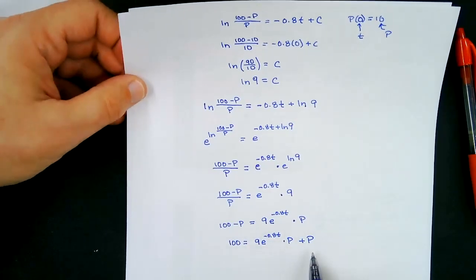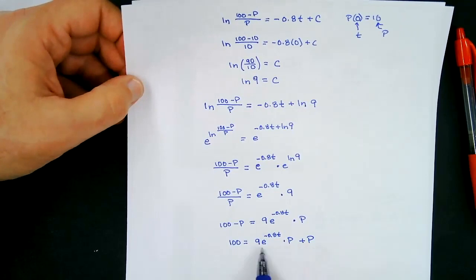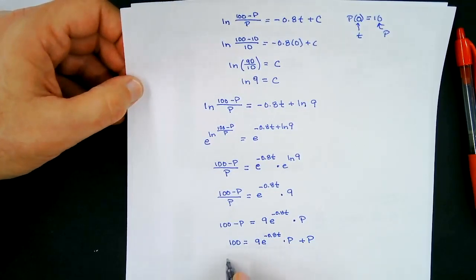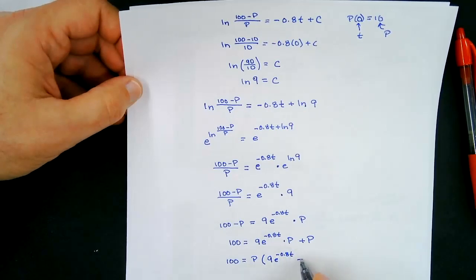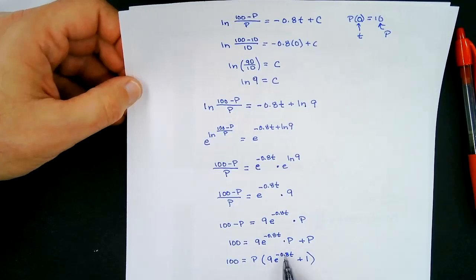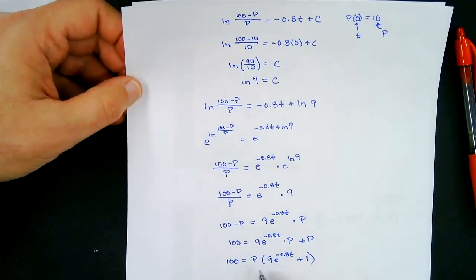And so what I can do next is factor a p out of both of these. So 100 is equal to p times (9e to the negative 0.8 t plus 1). And then I can divide by this and I'll have p by itself.